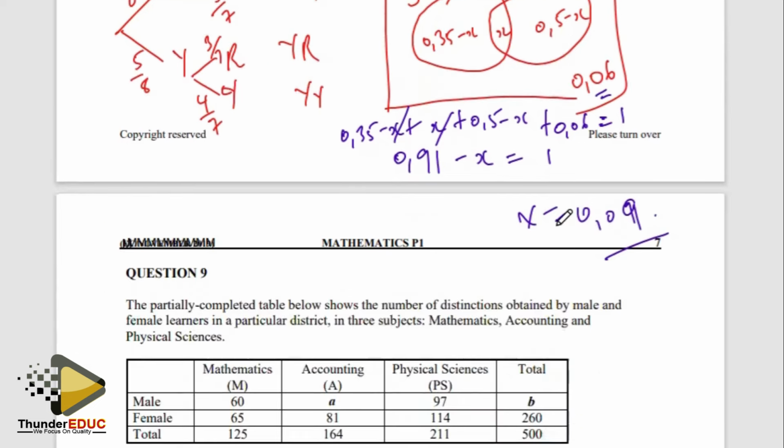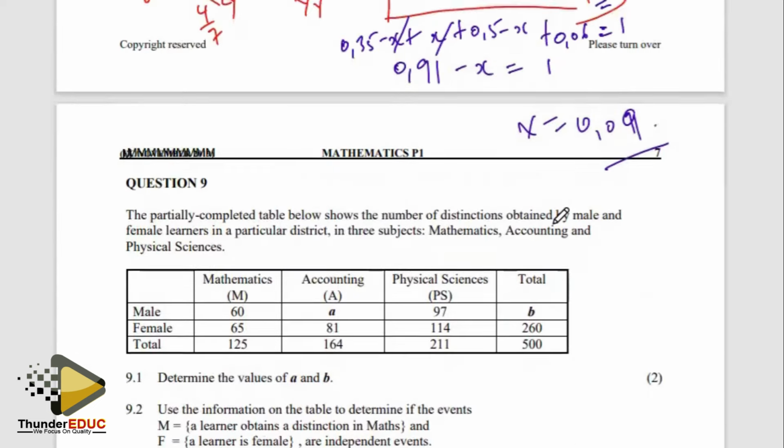All right, now question number 9, which is the two-way table.